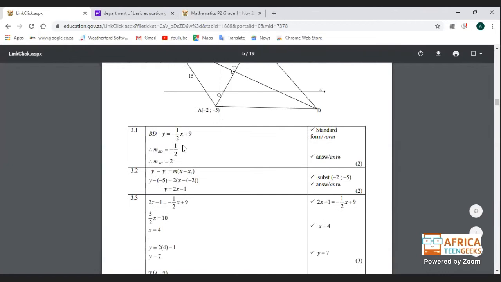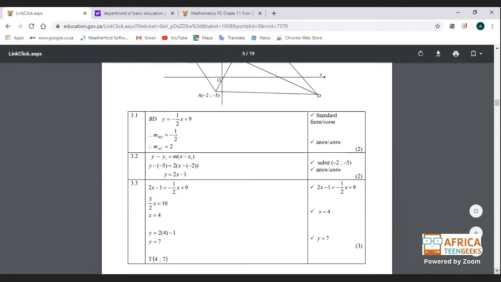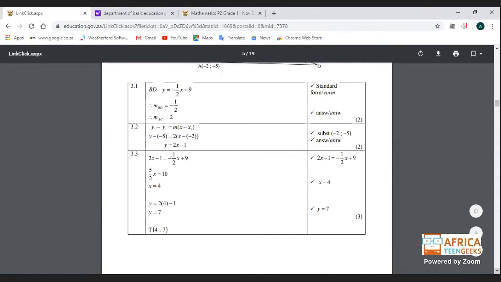For the first question, because you got 2 marks, you were given a mark for solving for y, and then also for getting the gradient, okay? And then for the second question, you were given a mark for substituting correctly.